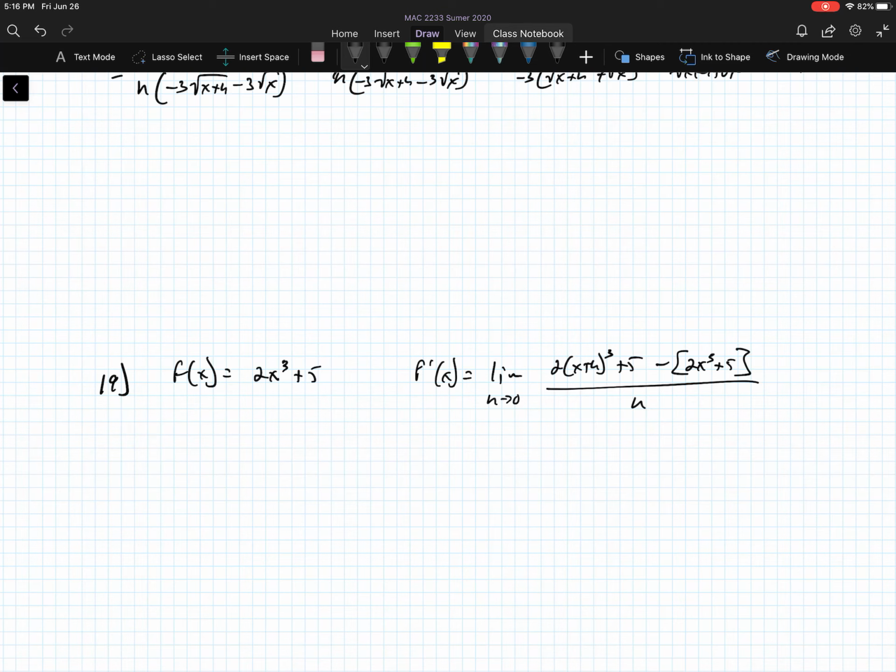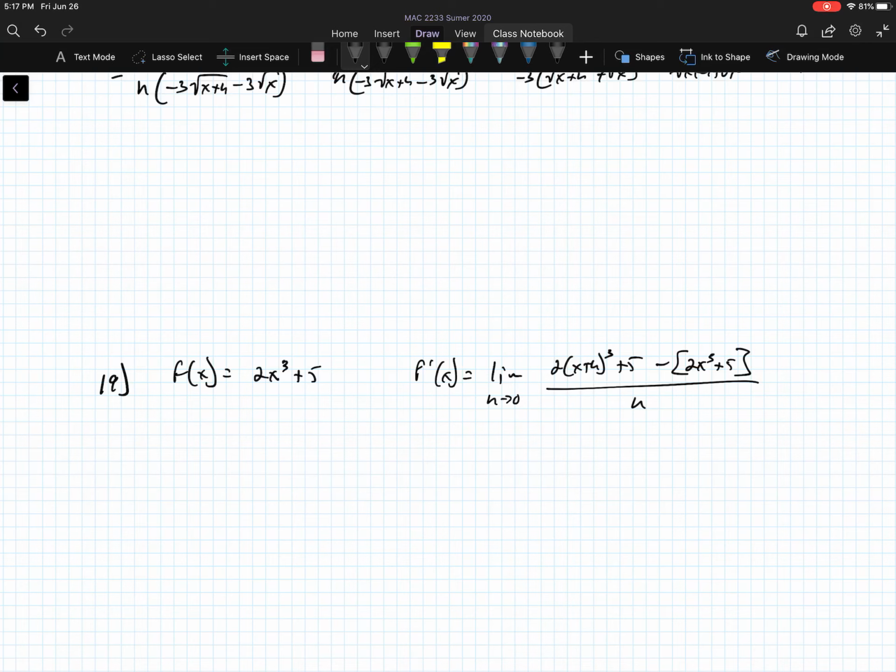And so if we were to expand that, x plus h to the third power, there are several ways that we can do that. One way is just to multiply x plus h times x plus h times x plus h.